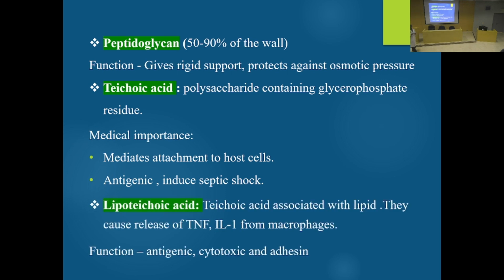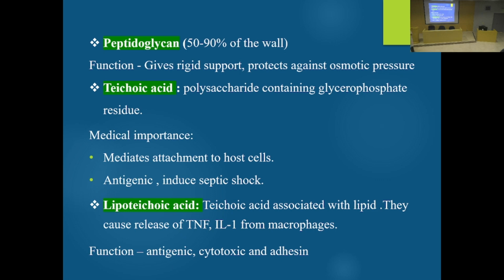What is the function of peptidoglycan? It provides support to the bacterial cell. Teichoic acid helps in the attachment of the bacteria to the host cell, and it is also responsible for shock. And the third component is lipoteichoic acid.